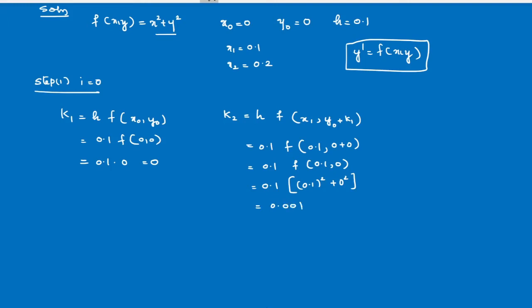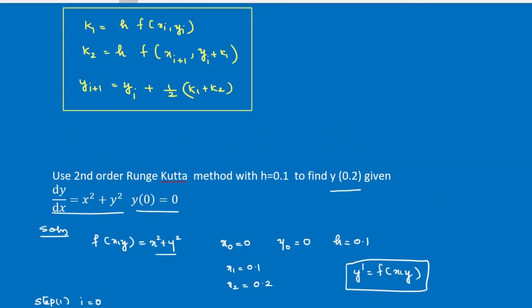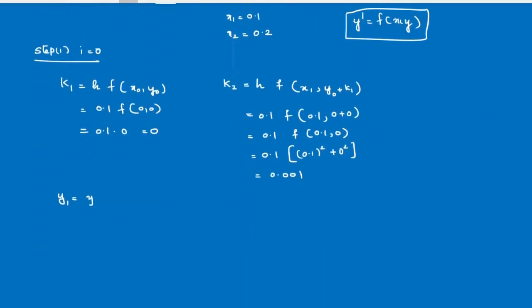I hope you understand. Then we are evaluating y1. See the formula: y i plus 1 is equal to yi plus half into k1 plus k2. Here i is 0, so substituting, y1 is equal to y0 plus 1 by 2 into k1 plus k2.